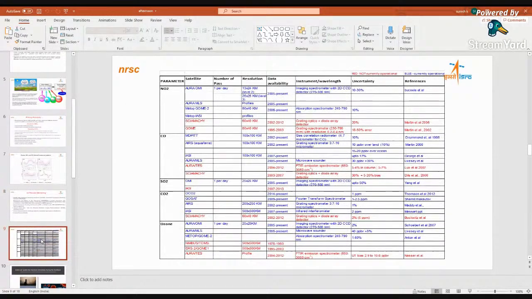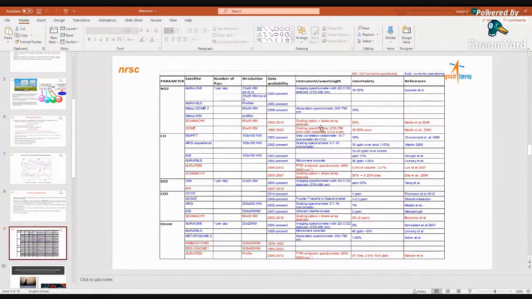These are some of the parameters and some satellites. For example, the parameter NO2, nitrogen dioxide, and carbon monoxide are given by different satellites. You have SO2, carbon dioxide, and ozone, along with their resolutions, the wavelength, and the number of passes per day. GOME is nothing but the Global Ozone Monitoring Instrument.